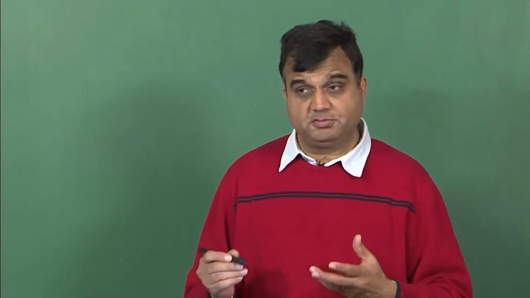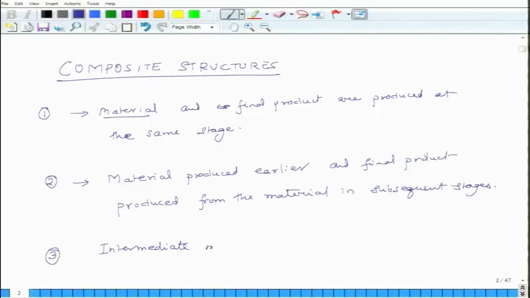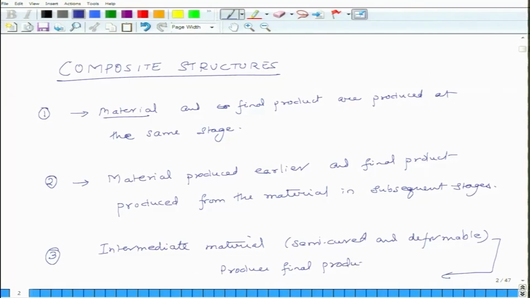So, this is called an intermediate material. A lot of times these are semi-cured and deformable. Easily you can give them shape. So, you produce some intermediate material, and then in the next stage you produce the final product in a different stage.